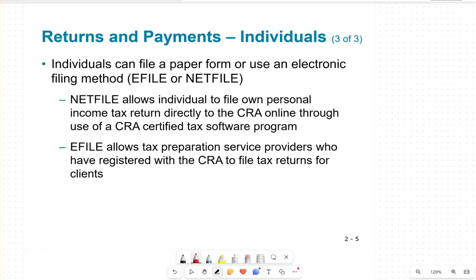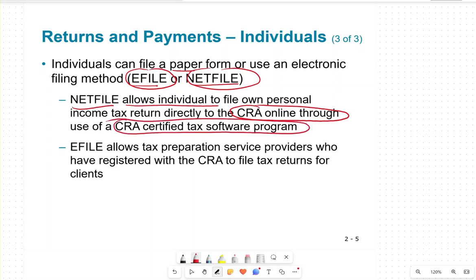Now the individuals can file a paper return, or they can e-file, or they can net file. E-file is different from net file. Net file allows an individual to file their own personal return directly on CRA online through a CRA certified tax software program.